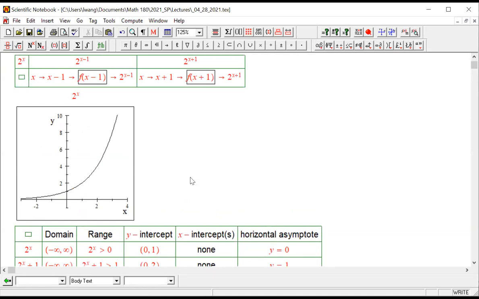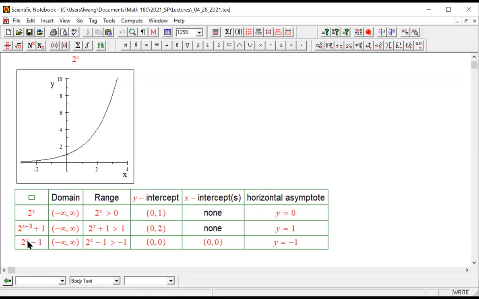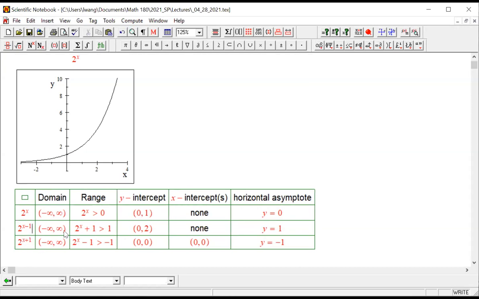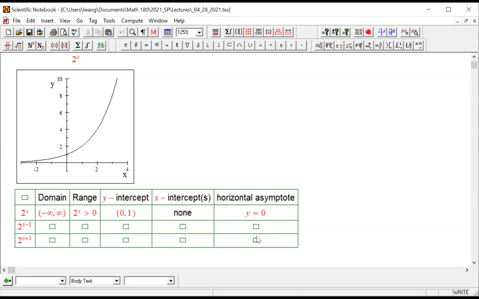I'm going to make some adjustment to this picture. This is -1, and this is +1. Remove all of these to be changed, except the first one.